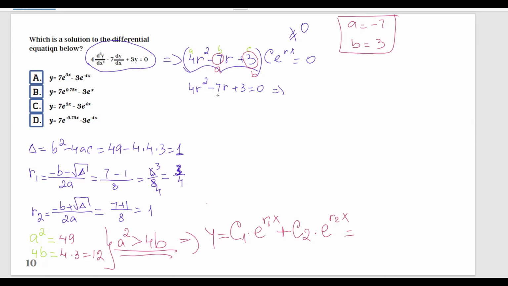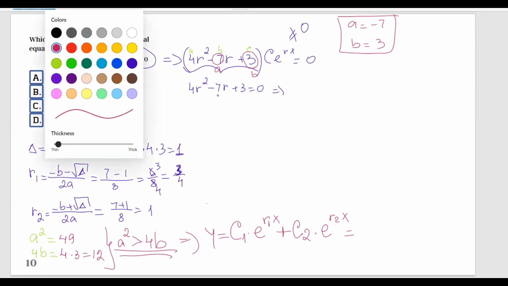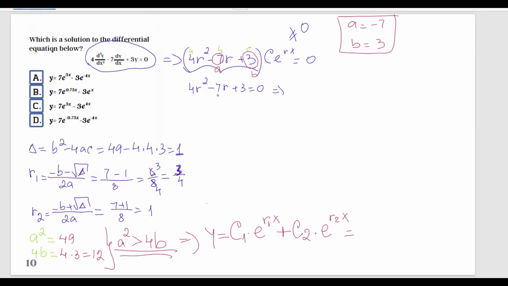Let's substitute what we know. We know the values for R1 and R2. We don't have enough information to calculate C1 and C2, so we're going to leave these two the way they are. So this becomes C1 multiplied by e power R1, which is 3/4.